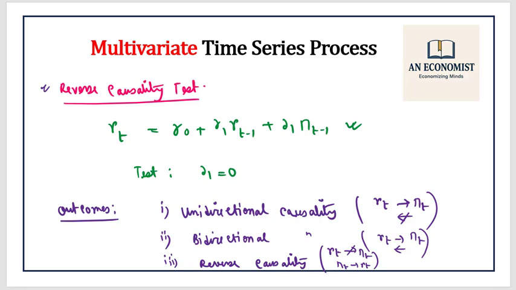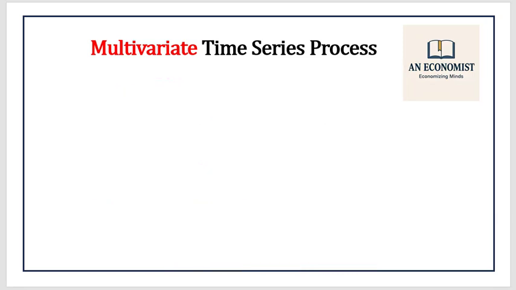Depending on that, you can say it is unidirectional or reverse causality, or it can be that there is no causality at all. The fourth possibility is no causality at all. That is, RT is not Granger causing pi t, and pi t is also not Granger causing RT. So these two variables are almost independent. They are not influencing each other, or their lag values are not influencing their present behavior. So that is the case of no causality.